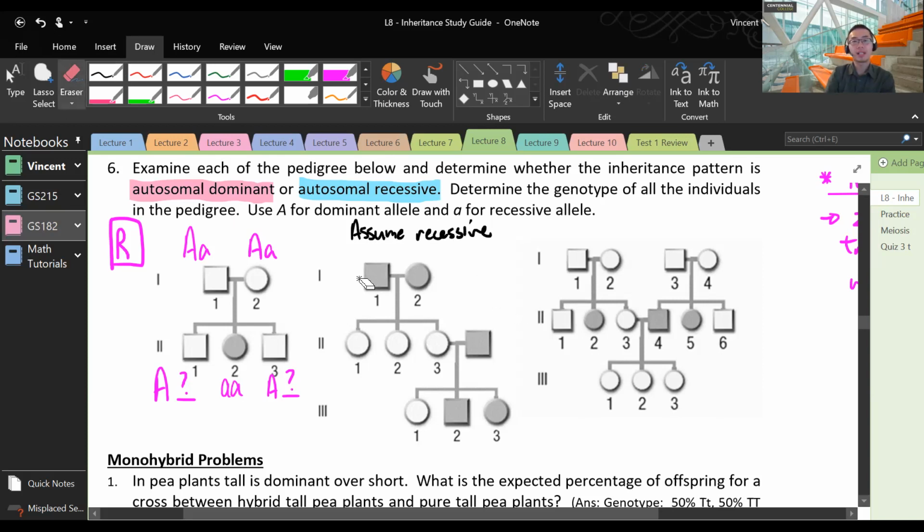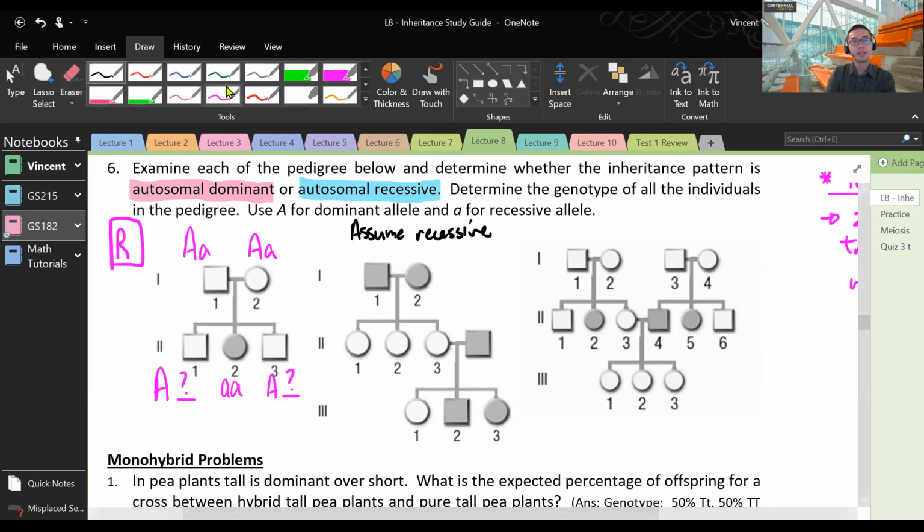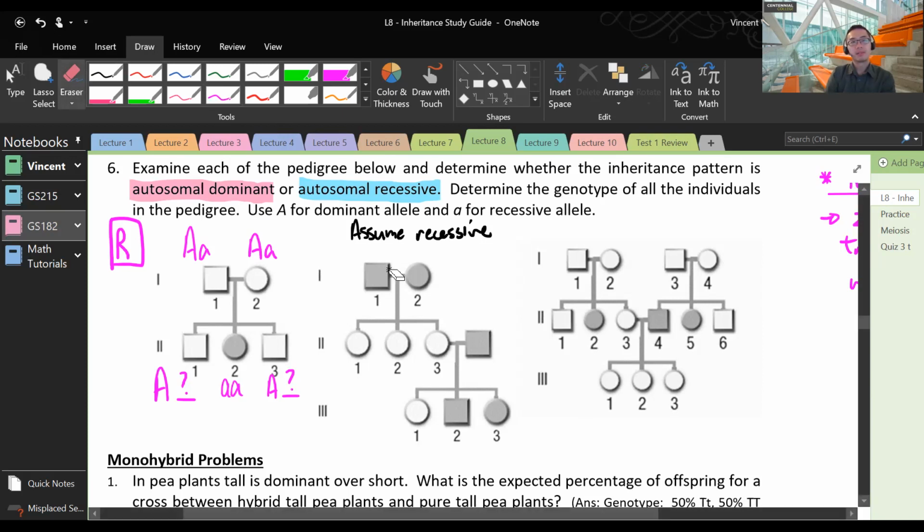If this is recessive, then what is the genetic makeup of the generation 1 parents? Can someone tell me? If this is a recessive trait, what would be the genetic makeup of the generation 1 people? Yeah, they would be small a, small a, right? Because that's the only way for the trait to show up if it is recessive.